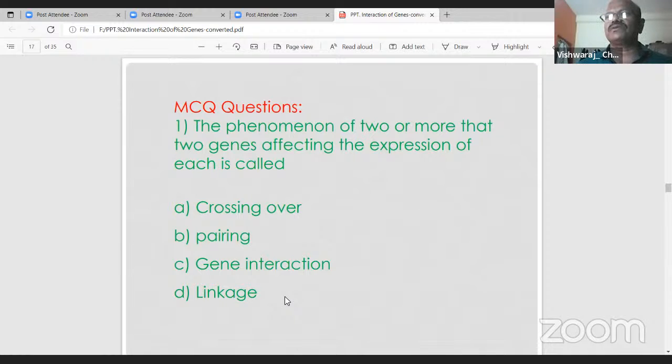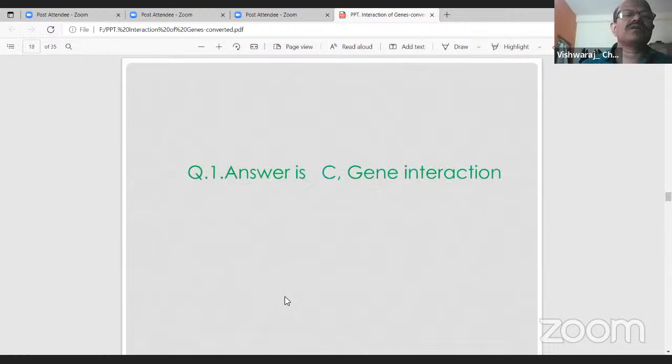You have 40 seconds. Crossing over, pairing, gene interaction, and linkage. The correct answer is gene interaction.